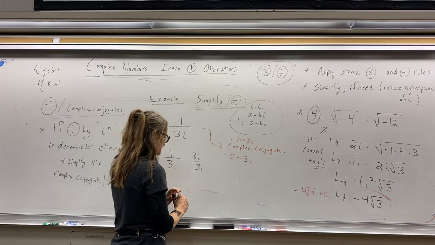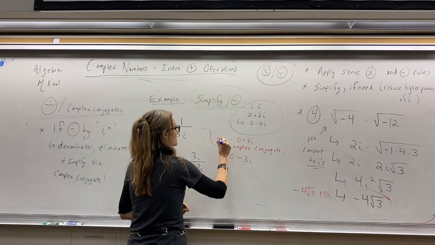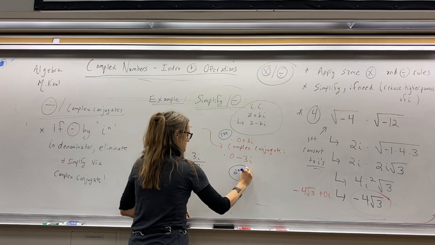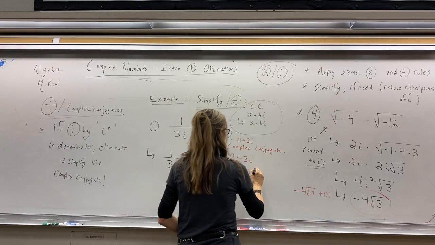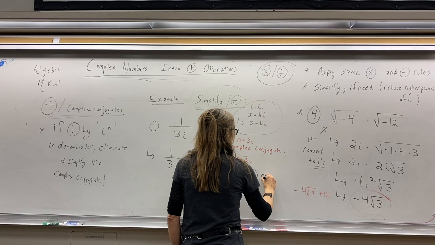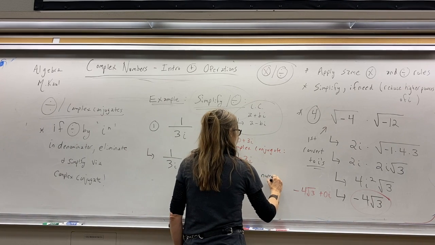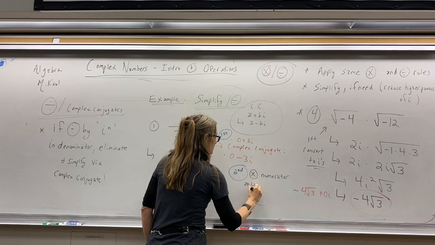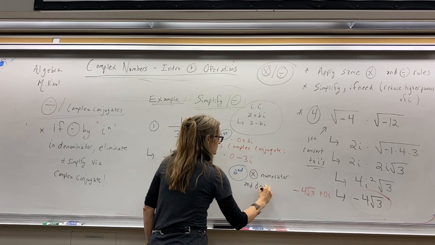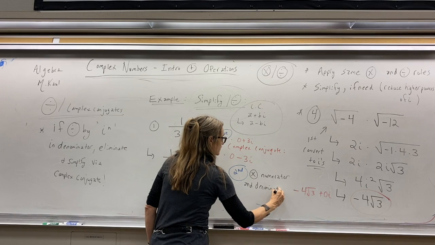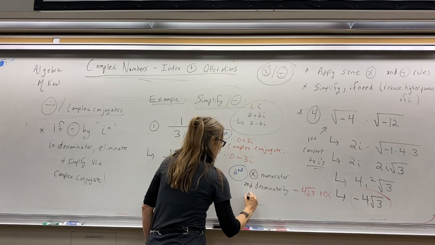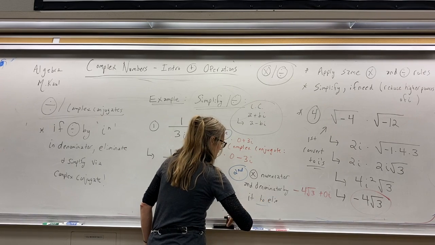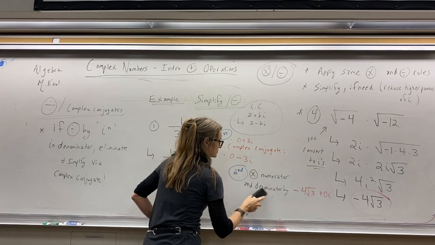So the first step is to find this complex conjugate, and then your second step is to multiply numerator and denominator by it to eliminate the i's.